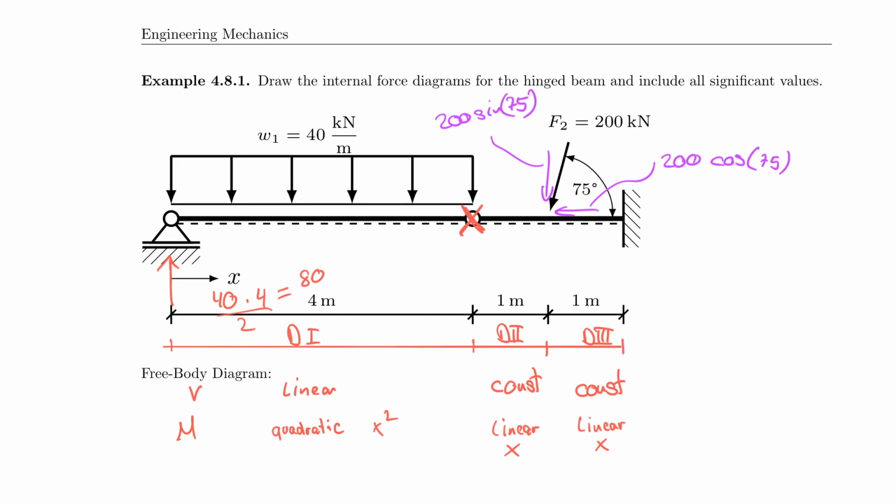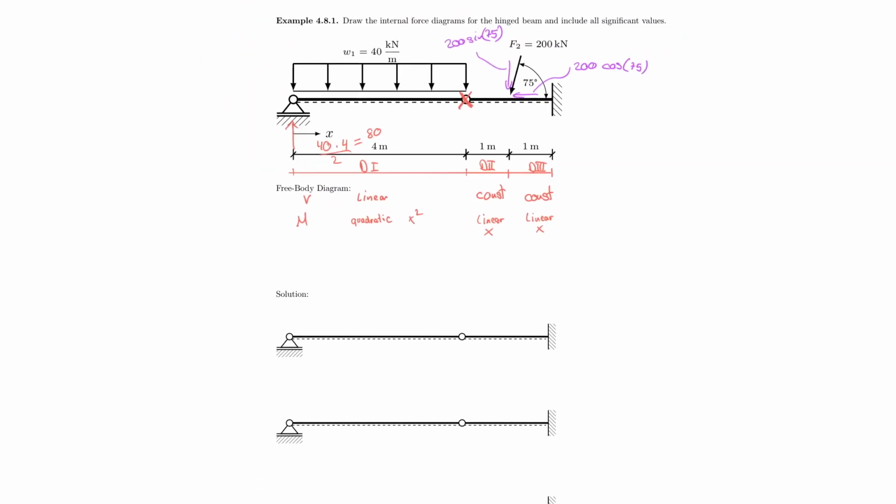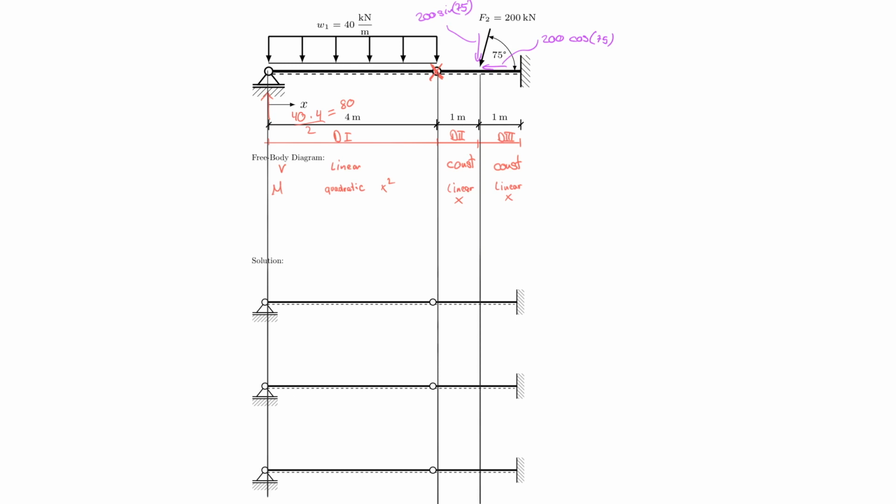All right, so now I can use that information to deal with my system here. What I like to do when I draw these internal force diagrams is to bring all my important domains down, share them with the system, so that I have all diagrams in line with each other.